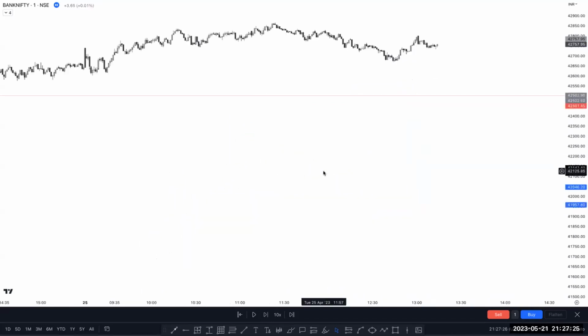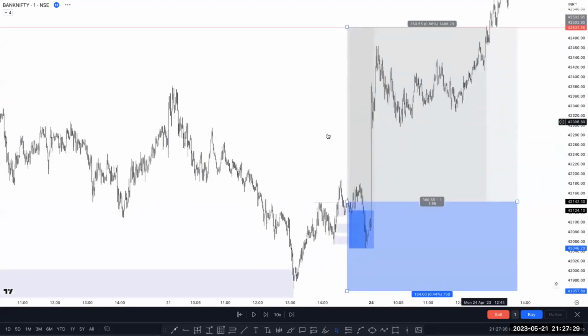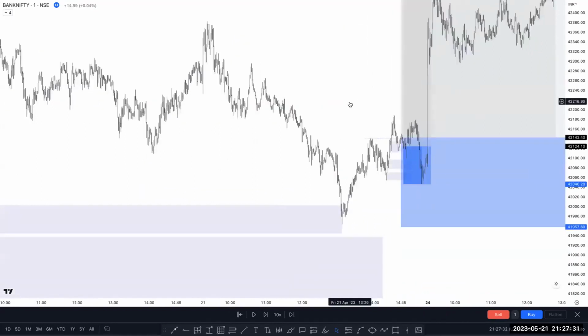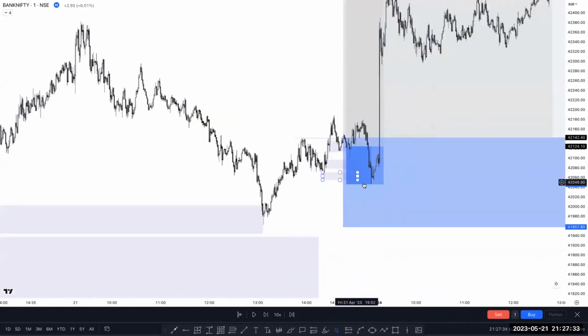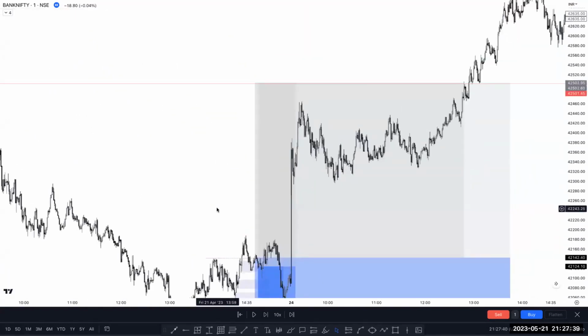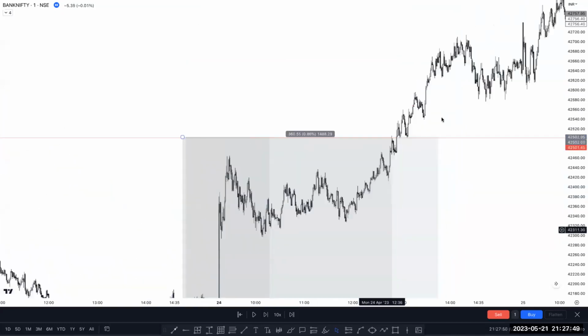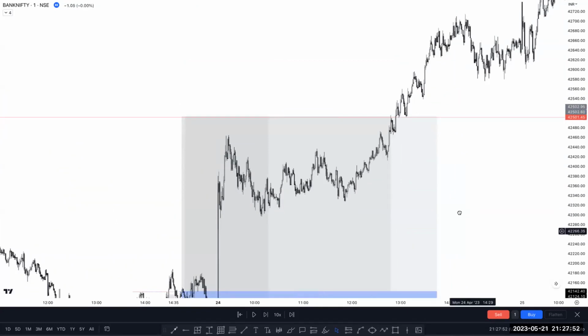Here, almost nearly stop loss hit, right? But this is a valid setup for the buy. When you see a setup like this, then definitely you can buy here. As per our plan, this is a valid entry for the buy, and this one is also a valid entry for the buy.